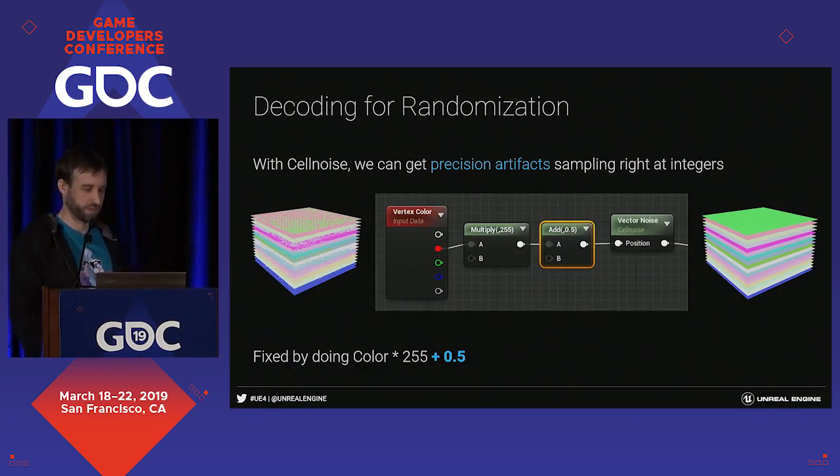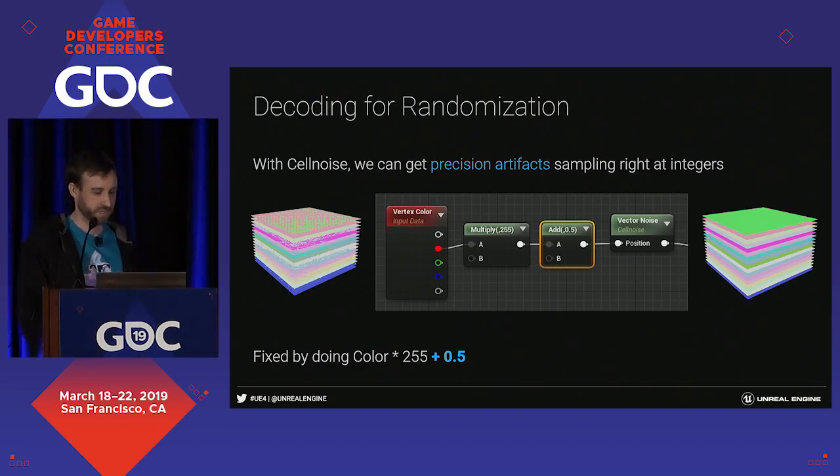One caveat here is that if you just take the vertex color, multiply it by 255 and sample it with vector noise, you might get that weird-looking precision Z-fighting artifact on the left. What's happening there is we're sampling each of those little random squares from before in the very corner, and the GPU has some trouble deciding which side it's on.